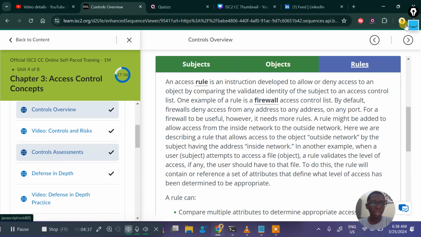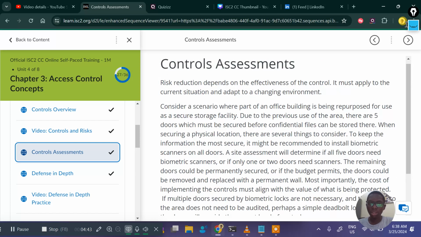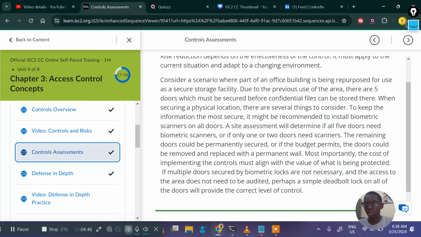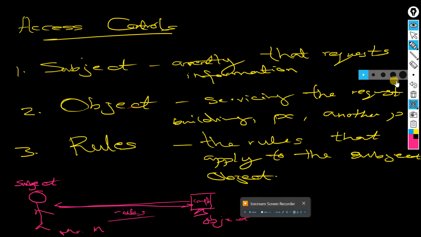And then we have what we call the control assessment. I'm going to go through this. Basically, with control assessment, you are checking to make sure how access is given to what. Now, the major thing about this control assessment that we should all be aware of is, for instance, there might be a protection between the subject and the object. Possibly, let's just assume it's a wall.